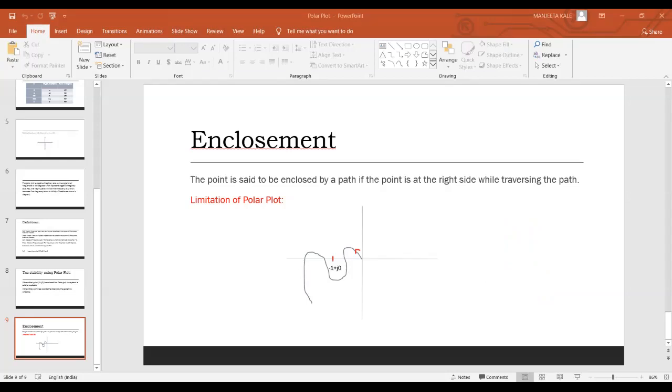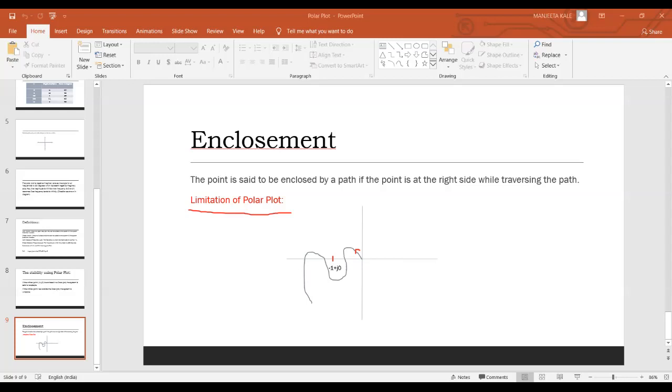So there is no way to conclude whether the polar plot encloses the critical point or not, and in turn whether it is a stable or unstable system. So this is a limitation of the polar plot: there are certain polar plots where you will not be able to identify whether the critical point, or for that matter any point, is enclosed. In that case it is difficult to comment on the stability, and this is the major limitation of the polar plot, because of which we moved on to the Nyquist plot.